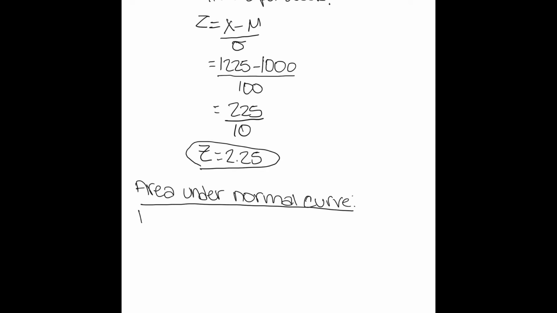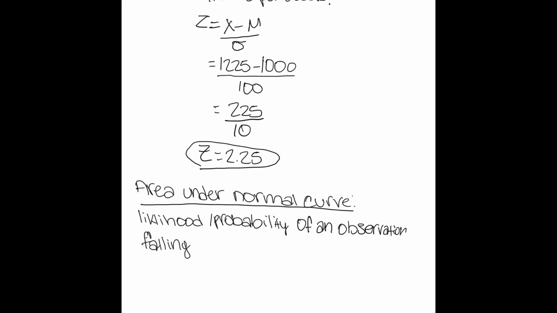Okay, so we could even take this a step further and take a look at finding the area under the normal curve, which is going to be the likelihood or the probability of finding an observation falling between a certain set of values.